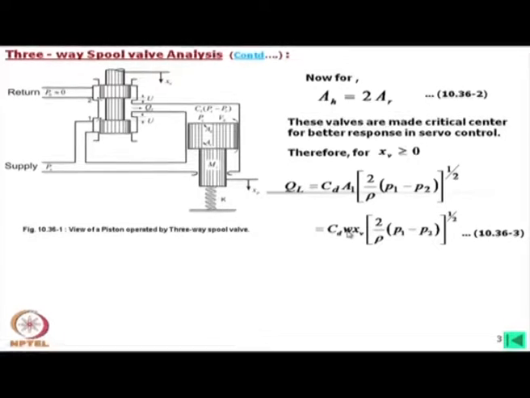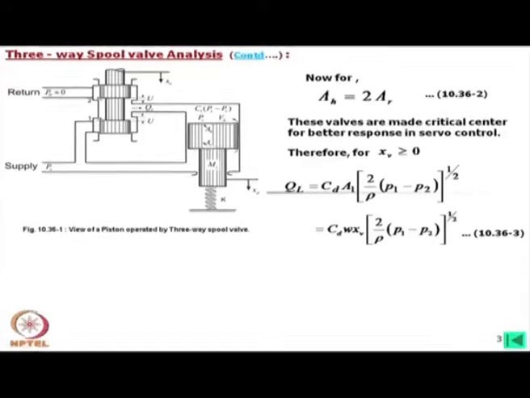W is the periphery of this spool, you can say this diameter into pi, pi into this diameter will give W. Now, this means that we are considering the rectangular port.